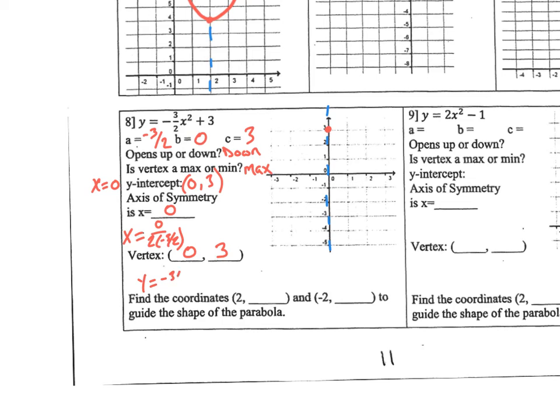So negative 3 over 2, parentheses, 2 squared, plus 3. Okay, so if we plug that in, you're going to get negative 12 over 2, negative 6. That's going to come out to be negative 3. So we get an answer of negative 3. So 2, negative 3, negative 2, negative 3. We can now connect our dots and make our graph.